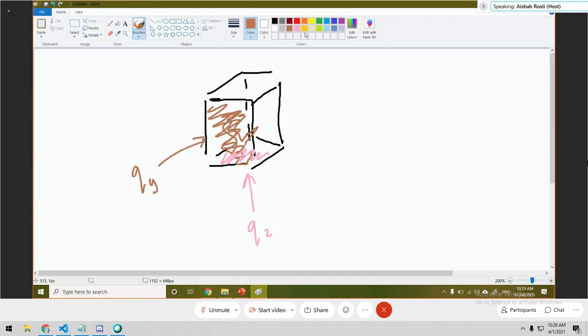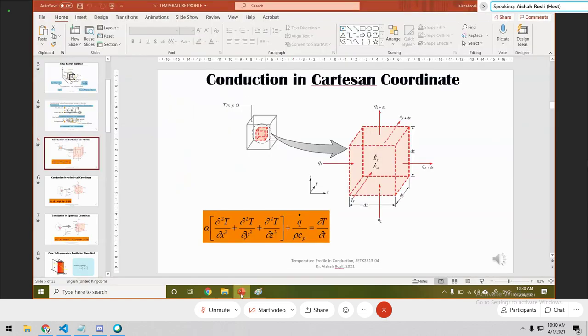So there will be no value for Qx. And if the heat here is higher than the heat here, for example, I'm burning this with a bigger fire on this side rather than this side, the heat coming from the y direction is actually less than the heat coming from the z direction. It is completely possible. That is why, when we are talking about the temperature profile, we need to consider the heat coming from different directions, because it can be different. Does that answer your question?